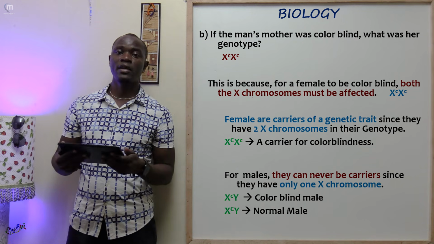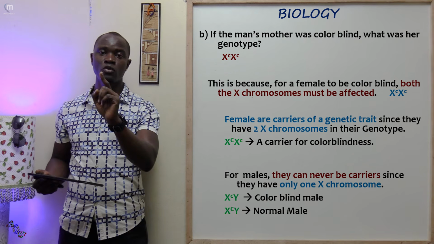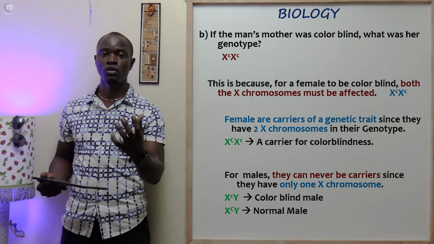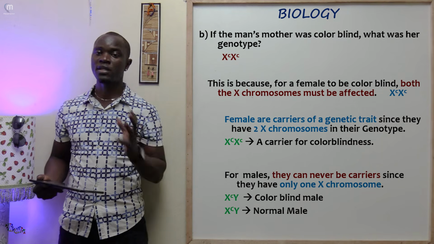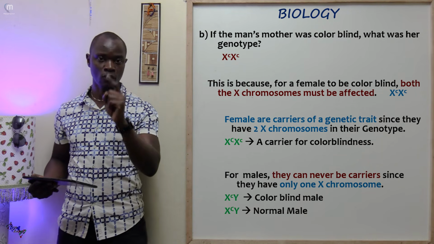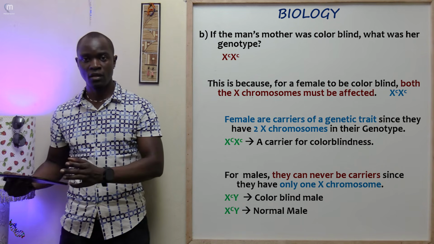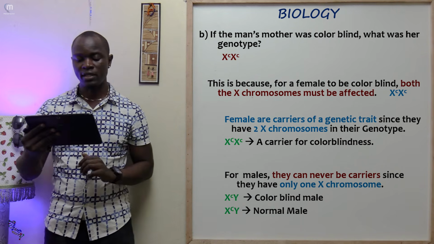So again, don't you forget that females can only be carriers if one of the chromosomes is normal, one is affected. Females can have the condition if both X chromosomes are affected. Males can never be carriers because males have only one X chromosome. So it is either that chromosome is affected or that chromosome is normal. So always remember that.